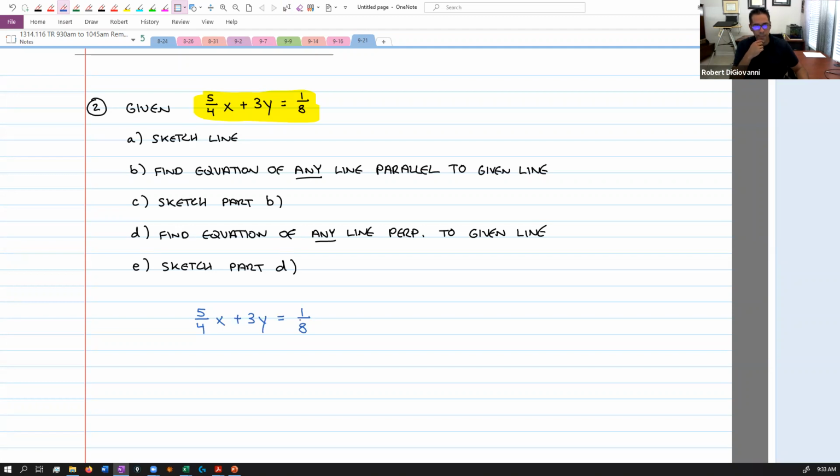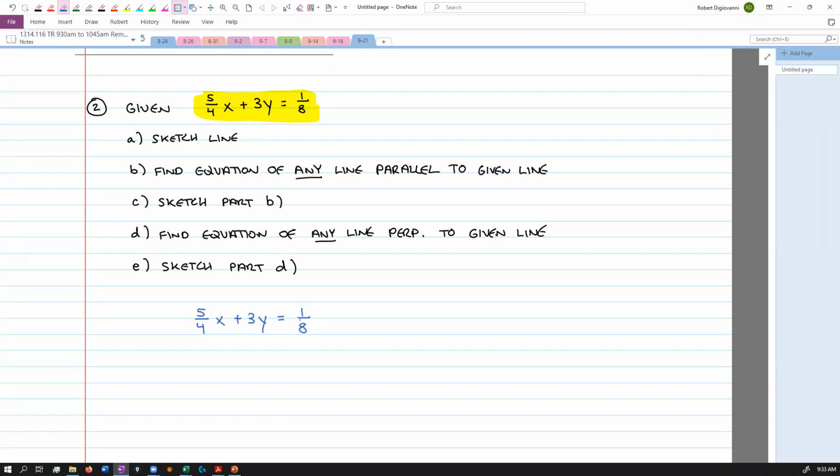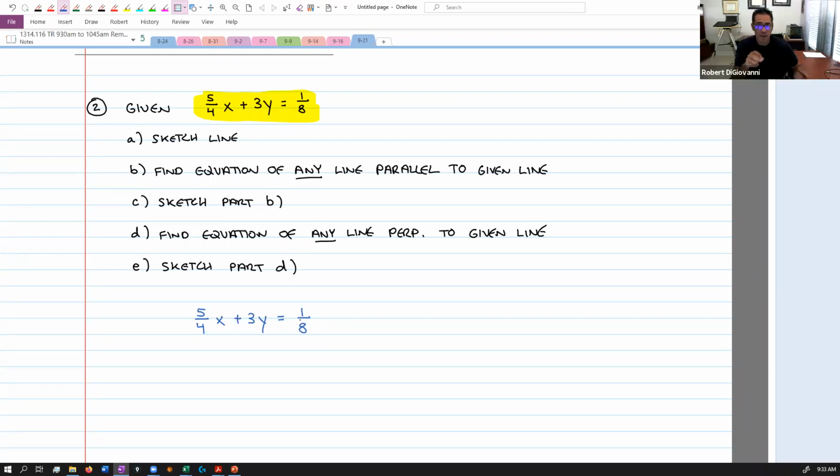Because it doesn't have an x. Oh no, it does have an x. Yeah, if the equation contains both variables x and y, then it has to be a non-vertical, non-horizontal line. If it's just x or just y, then you're either going to have vertical or horizontal. Okay, so I know it's not vertical or horizontal, so I can do the intercept method.